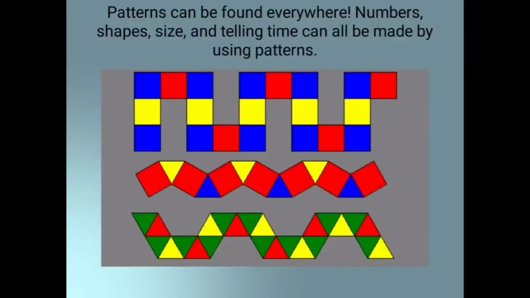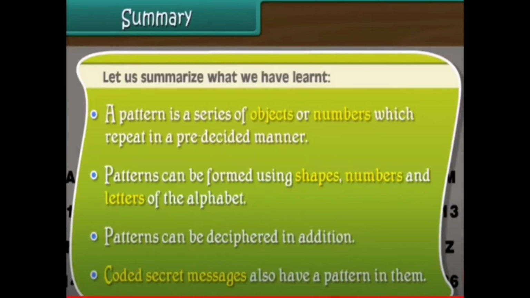Correct. Now patterns can be found everywhere. Numbers, shapes, size and telling time can sometimes be made by using patterns. Now see, this is a different type of pattern. So a pattern is a series of objects or numbers which repeat in a pre-decided manner.